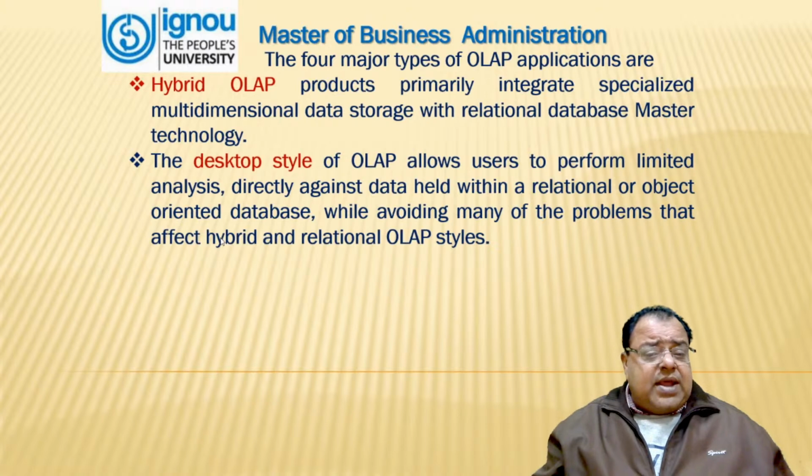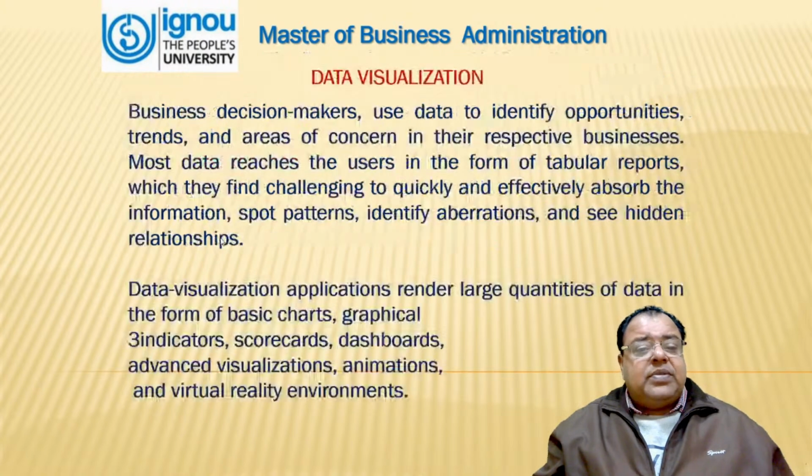And the desktop style of OLAP allows users to perform limited analysis directly against data held within a relational or object-oriented database, while avoiding many of the problems that affect hybrid and relational OLAP styles.